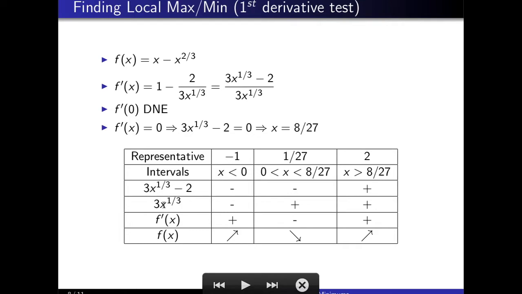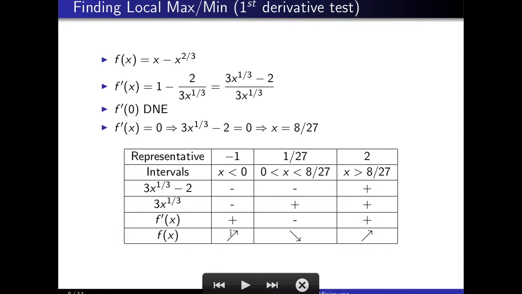Put -1 into your denominator, you also get something negative. Do remember that odd roots of negative numbers are perfectly well defined. So the cube root of -1 is -1, because if you take -1 and multiply it by itself 3 times, you get -1.